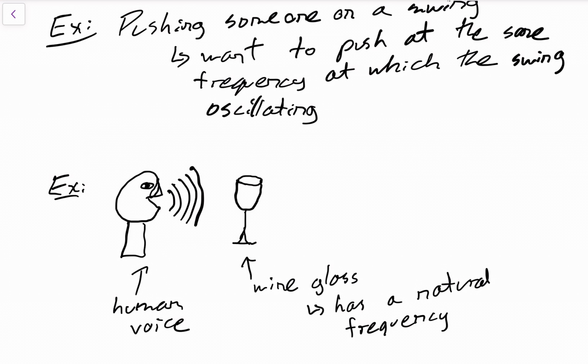This also is a concern with something like an earthquake. If it is causing a building to move at the same frequency as the building's natural frequency, then this is where we can end up with some disastrous results. And there's all sorts of ways that engineers take advantage of these.